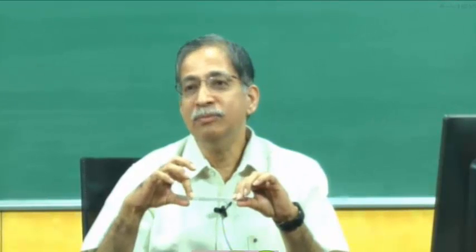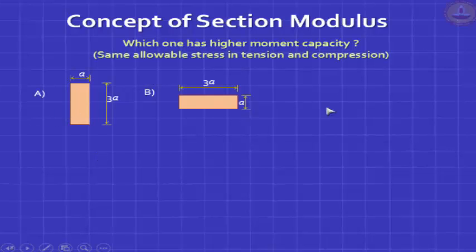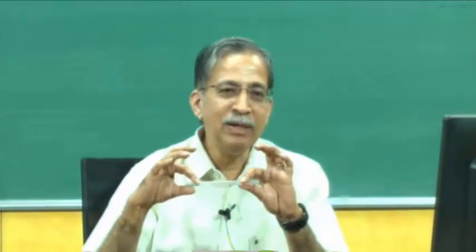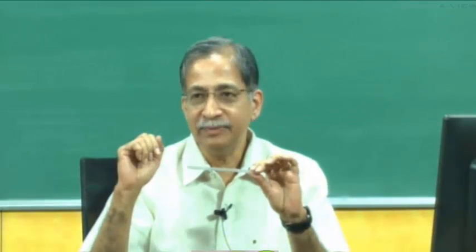Tell me which will take more load, more moment, this section or this section, and how much more. You understand? Let's say there's some allowable stress sigma max, say 200 megapascal.